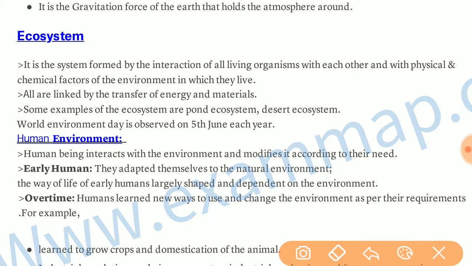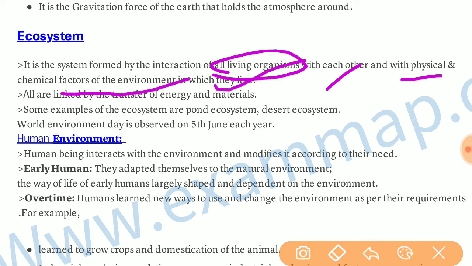It is the system formed by the interaction of all living organisms with each other and with physical and chemical factors of environment in which they live. All are linked by the transfer of energy and materials. Some examples are pond ecosystem, desert ecosystem.